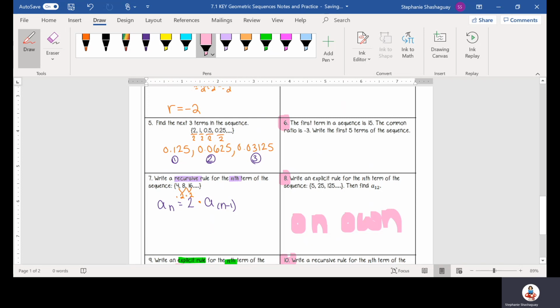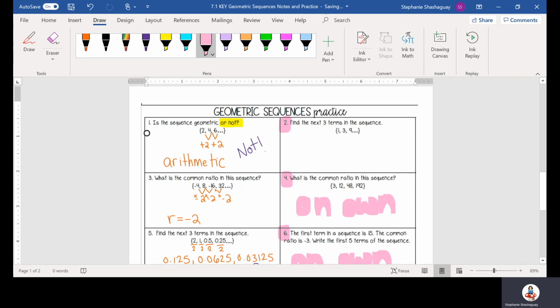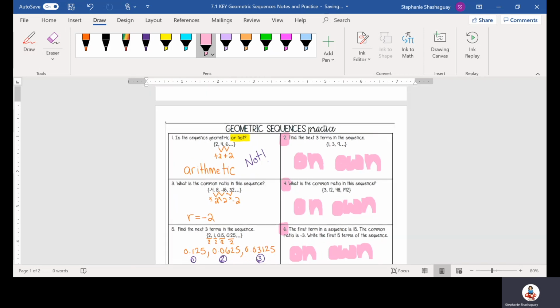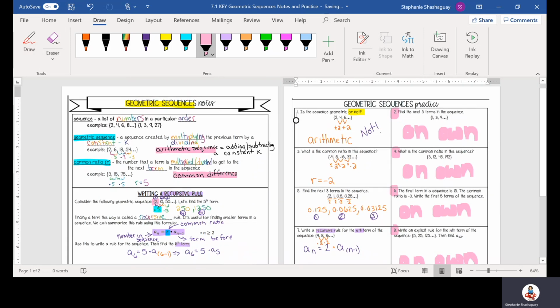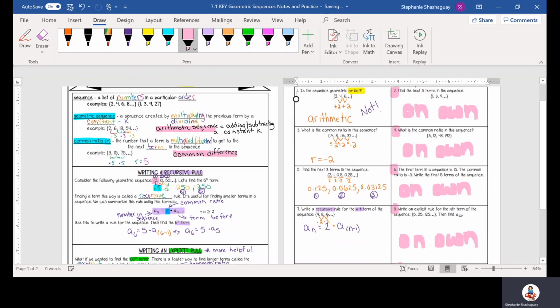If you have questions, you can ask me in class or come to tutoring. But I just want you to try them. Put a little bit of effort in, rewatch the video if you need to, ask me questions if you need to, but I want you to try the other side of this worksheet on your own. Refer back to the odd numbers that we did together and try the even ones on your own.